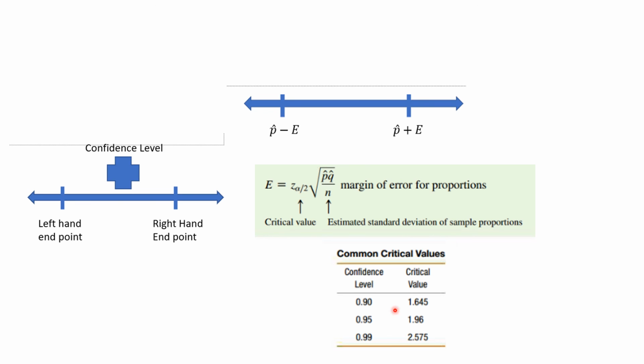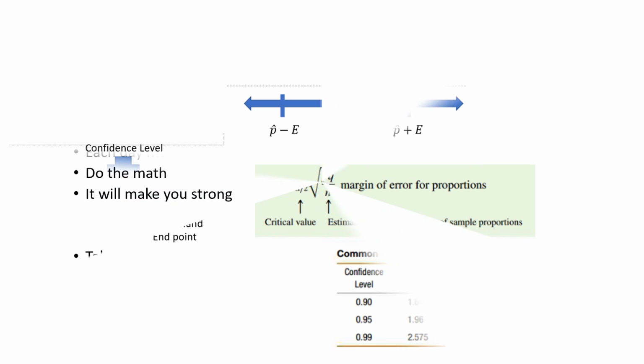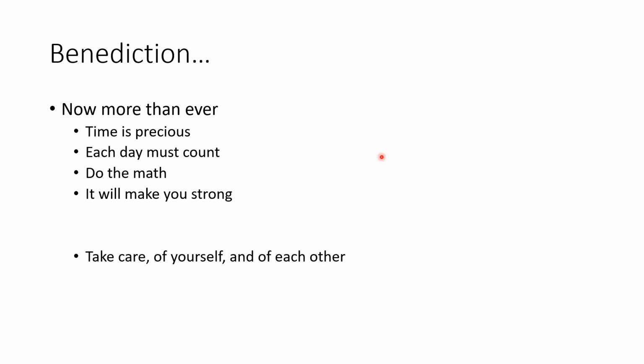So that's the number, and this is how you know which one to use. And then this is going to be times the square root of p hat times q hat, where q hat is the same thing as 1 minus p hat, all divided by n. So again, this tells you a lot on this chart of how to proceed. And we're going to do more of these calculations when we pick up again.